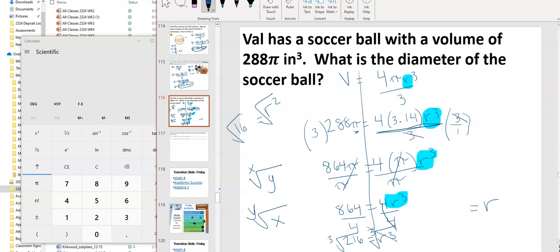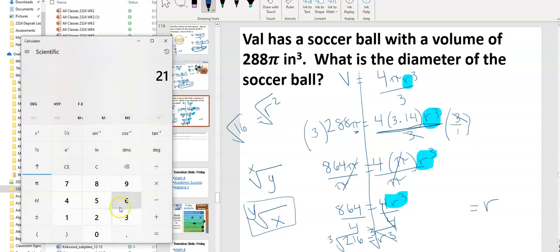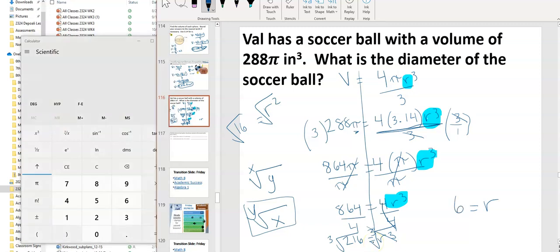So what we're going to do is type 216, one of these symbols right here, in this case this one, and then the 3. So 216, root button, and a 3. And it's going to be 6. The cube root of 216 is 6. And that is my radius.